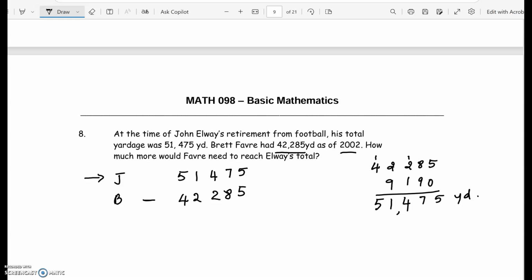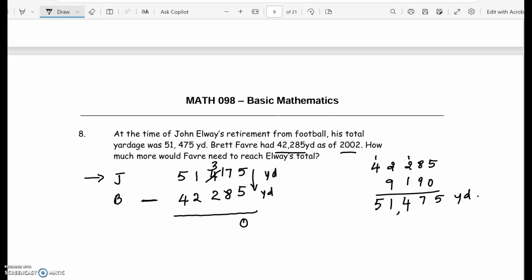So if we have to answer that question, we have to subtract Brett's number, yardage, from John's yardage. So let's do the subtraction. 5 minus 5 is 0. 7 minus 8. Now that's not possible. So we're going to borrow.